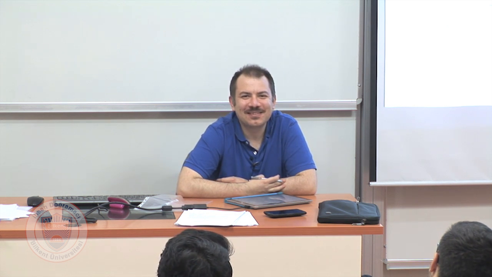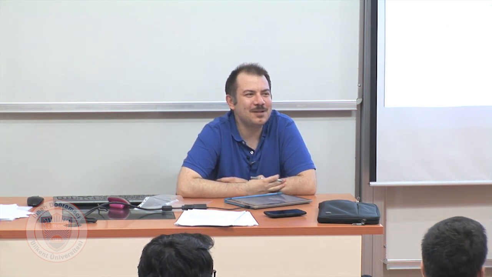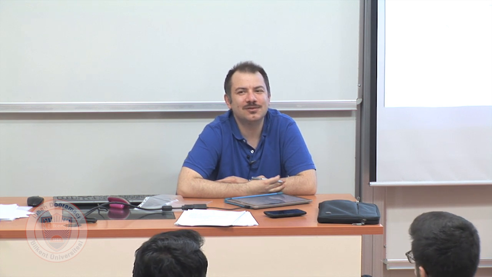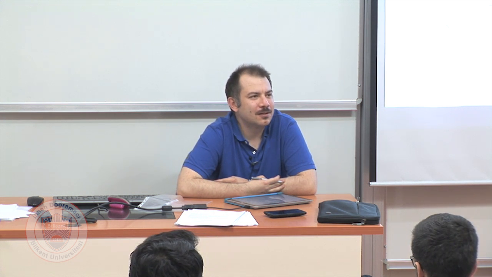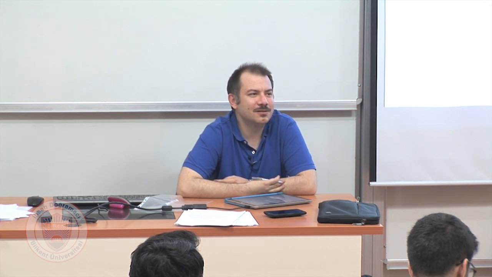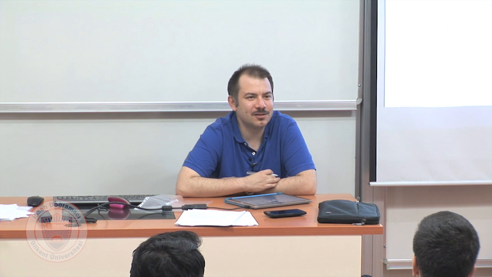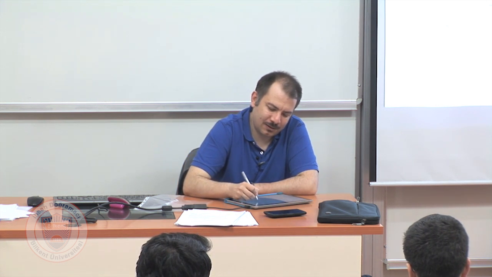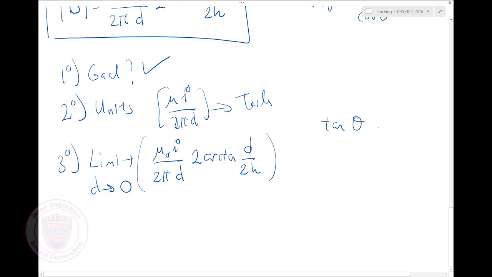Now, here's the nice thing. Let me teach you a nice way to do such limits. It's possible that you don't remember the derivative of arctangent, but what you would remember is that tangent theta is sine theta divided by cosine theta.